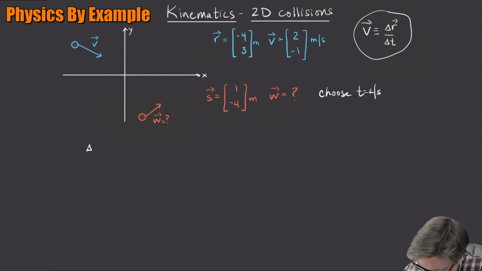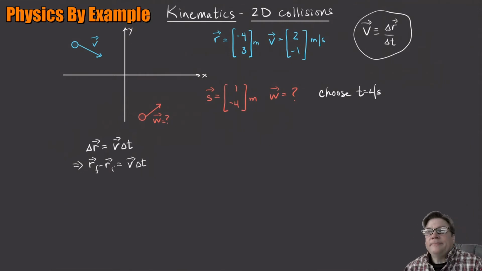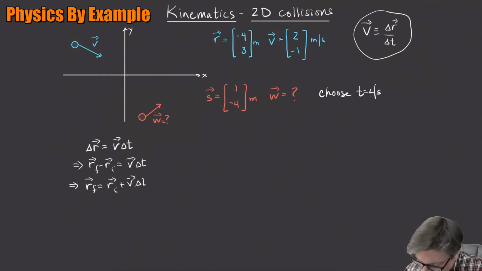This means that my delta R is V delta T. So my R final minus R initial is V delta T. Or here's the useful way that we'll write it: R final, my final position, is just my initial position plus V delta T. I'm just updating my position from where I was, R initial, to where I'm going to be, because every second I'm moving along that velocity vector.